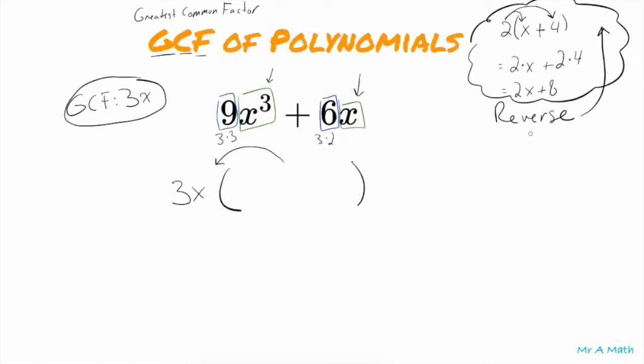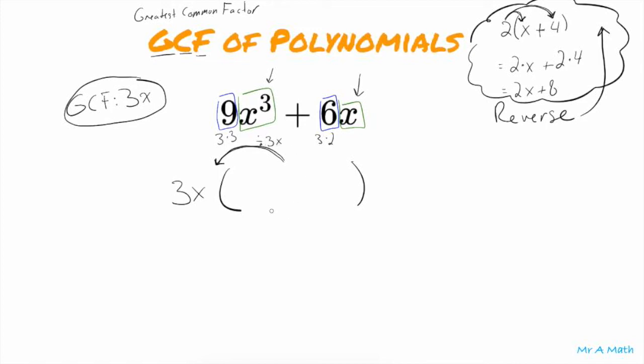Remember, we're reversing the distribution process. So when we pull it out, think about what we did up here. When we put it in, we multiplied it into the parentheses. And so if I'm doing the reverse now, when I pull it out, I am dividing it out of the parentheses, dividing by 3x.